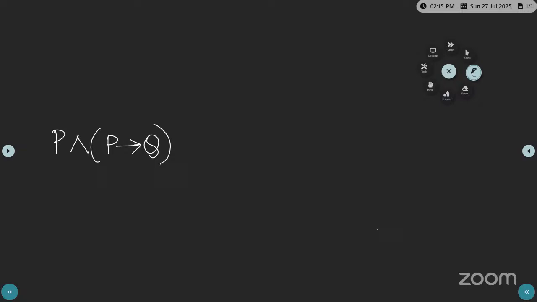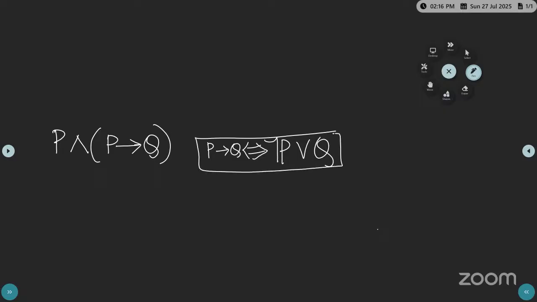Now just listen, I will explain this one, and from the next one you have to do it. Here you see, this has a formula. P implies Q, you can write it as negation P or Q. This is the formula. P implies Q is also called negation P or Q.